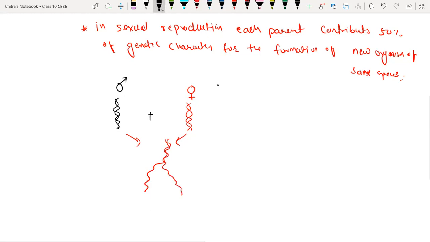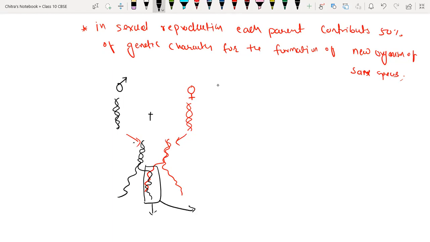Okay, for male parent, like this. That particular segment here contributes 50% of the DNA, right? Yes. So this is the contribution for the new organism or the offspring.